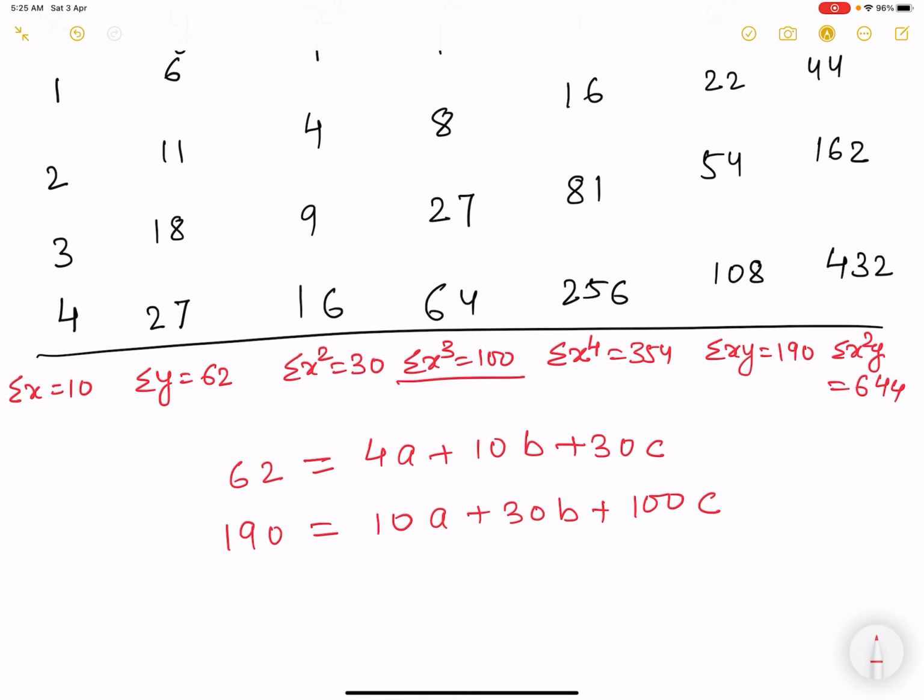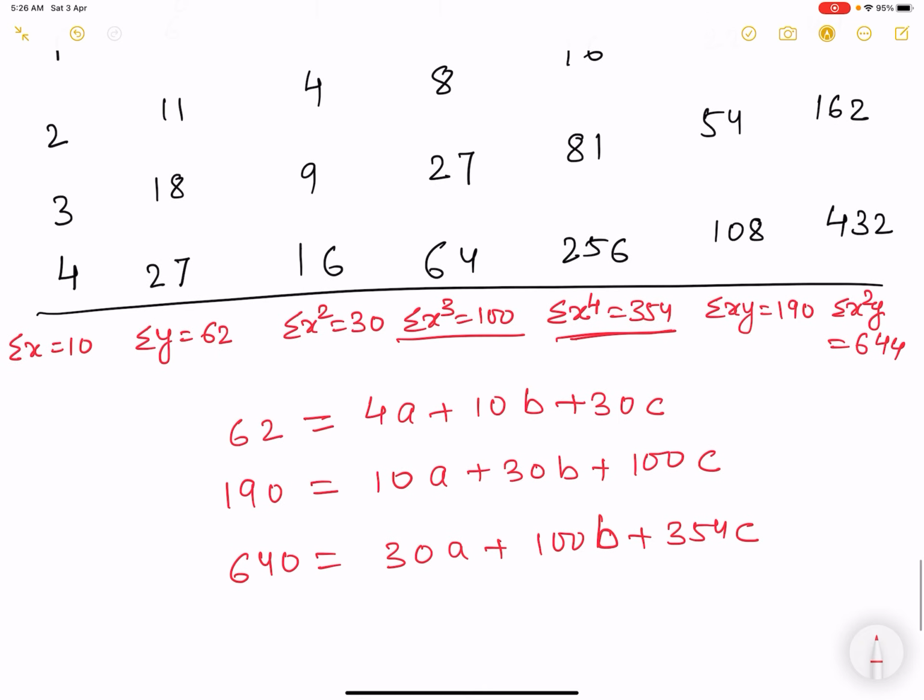Now sigma x square y is equal to 644 plus 30a plus 100b plus 354c. This is the value of sigma x to the power 4.